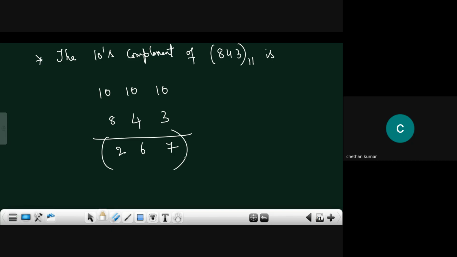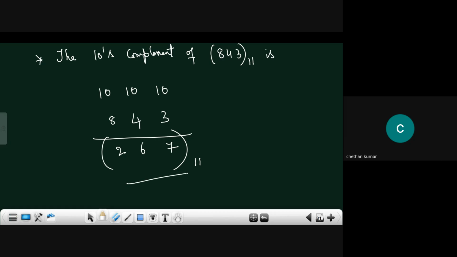What is the base now? 11. For a number with base 11, its complements are 11's complement and 10's complement. How to perform the 10's complement? Each digit is subtracted by 10. Are you understood? And adding 1 to this becomes the 11's complement.